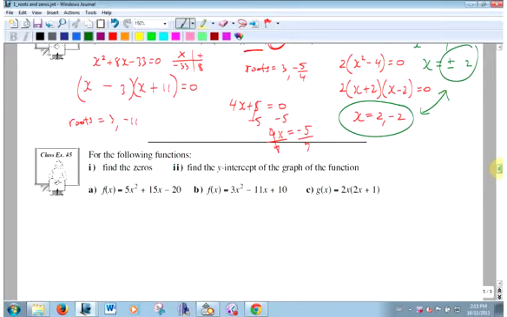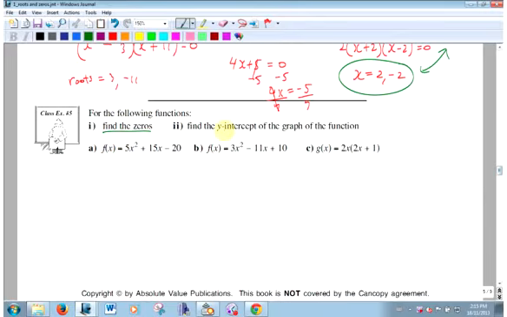One more. Find the zeros and the y-intercept. I'm just going to do this one. How do I find the zeros of this? Let it be equal to 0 and factor. What do we want to do here first, Jake?